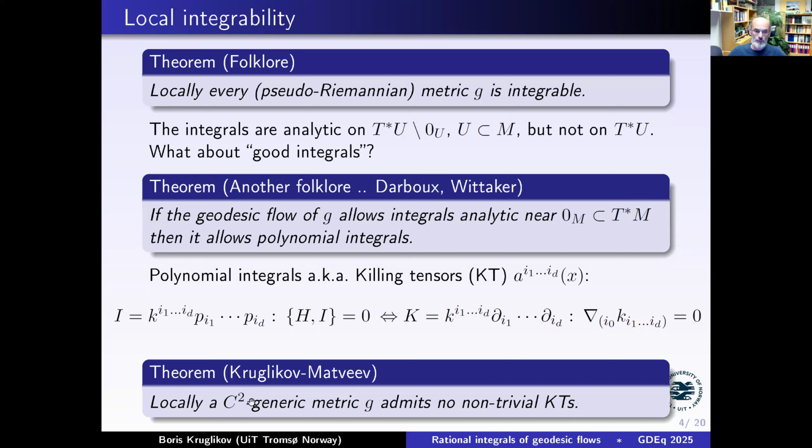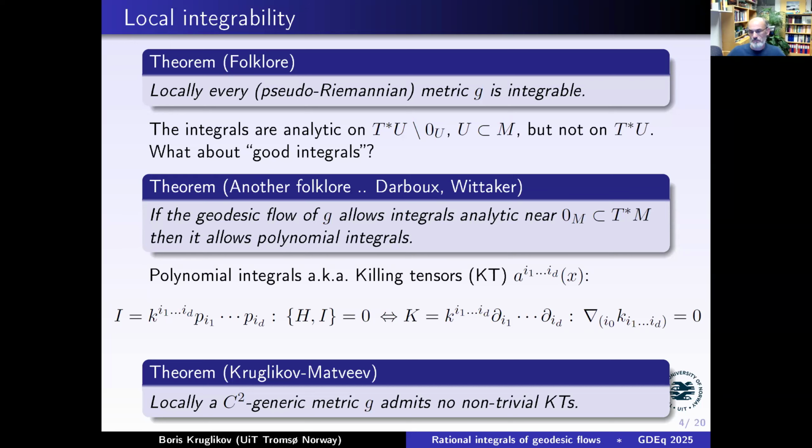I indicate here C2 because the first intention when one sees the theorem is to say, look into this system here. It's actually overdetermined, and one should just go and compute the prolongation of the system. It has the coefficients of the metric g as entries.